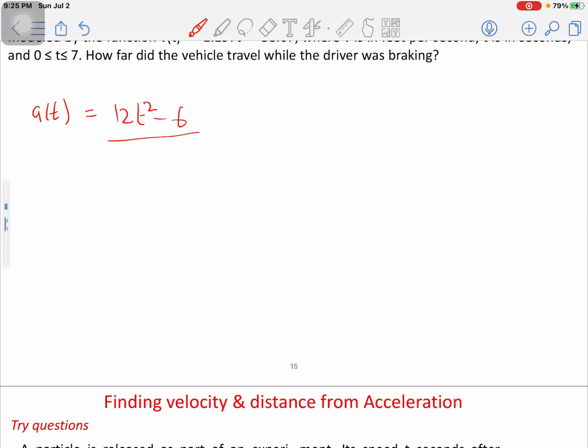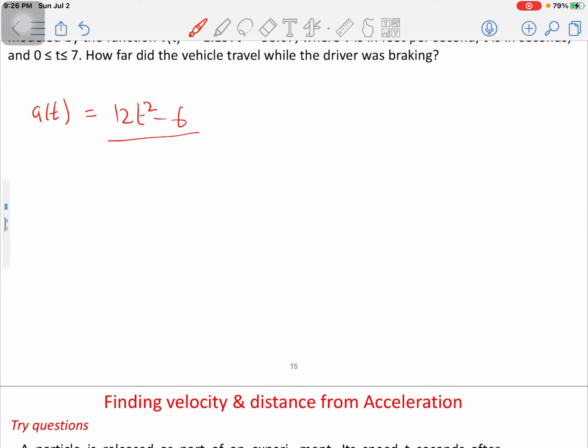As soon as you see this function, you should know that it is going to be a quadratic function. So let's look at how we are going to plot this example. First of all, one thing that you can do is find the turning point.